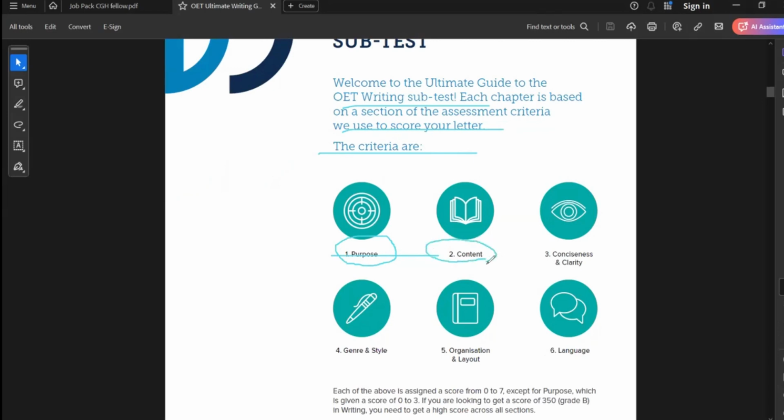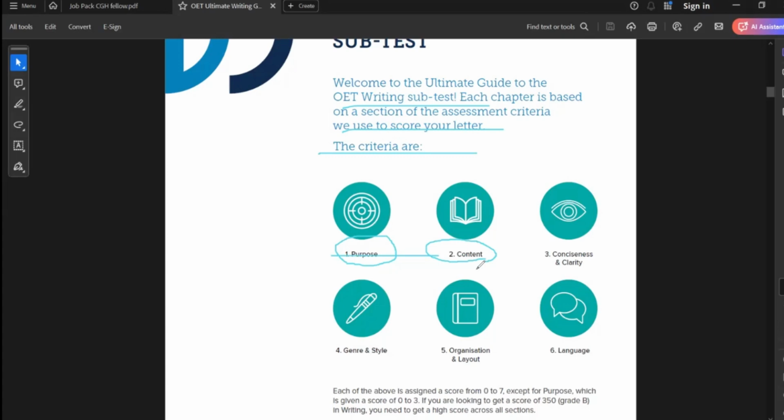Okay, second is the content. By content, what does that mean? If you guys haven't seen any example, let me tell you, you will be given long case notes. From that you have to take out the relevant information and then write it in that letter.